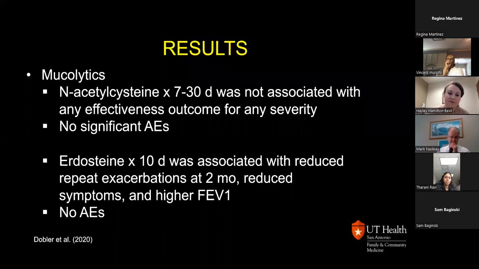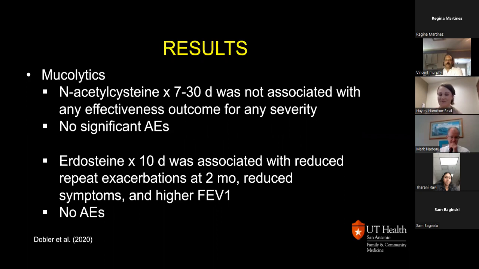However, no significant adverse effects either. And that was done in outpatient and in hospitalized patients. All 4 of those studies were done in different settings. So that applies to a variety of our patients as well.